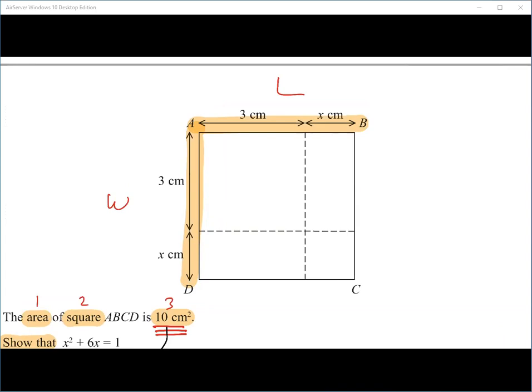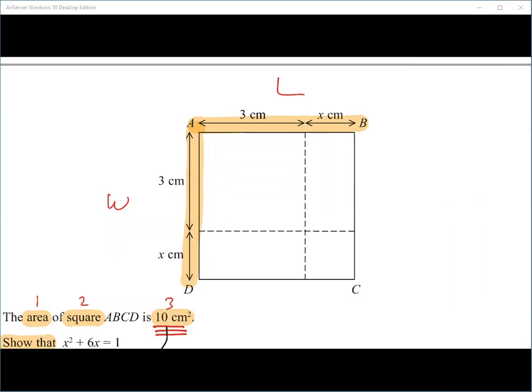Would we do 3 times x? Ooh, that was close. Abdullah, can you help us with that part? If I want to work out the total length, can you give me something better than 3 times x? Oh, it's 3 plus x.